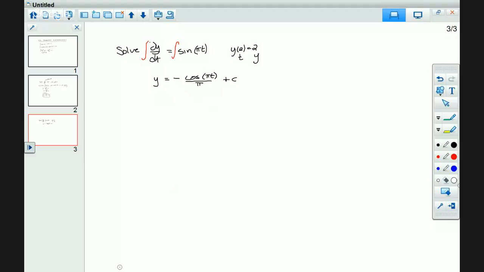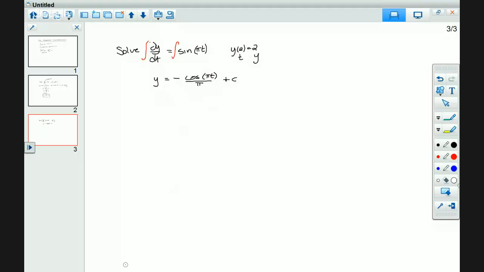But don't forget that. Wait, don't you have to multiply it by pi? No, this is an antiderivative, so we divide by pi. Oh, yeah. Remember, derivative means multiply. Okay.